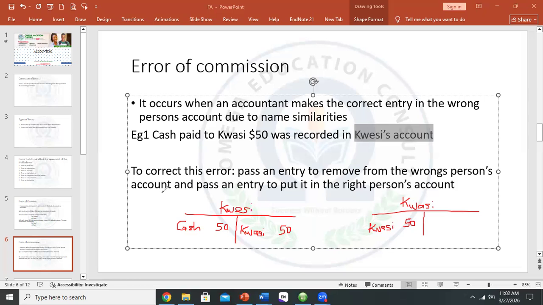Let me add the double entry and then maybe I'll hear from Portia, right? The double entry will be that we will debit the right Kwesi as I did here, right? We debit Kwesi and then we credit the wrong Kwesi. That's what we have done, right? But I opened the account to make Portia at least appreciate the point I was making.